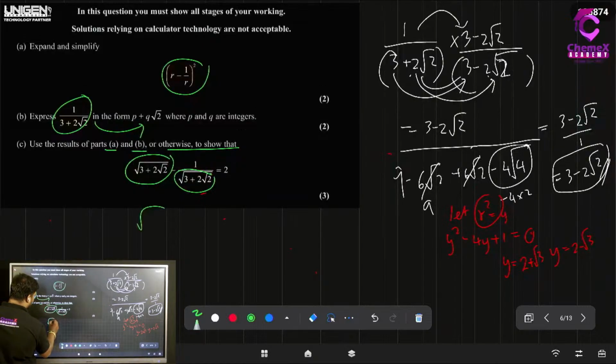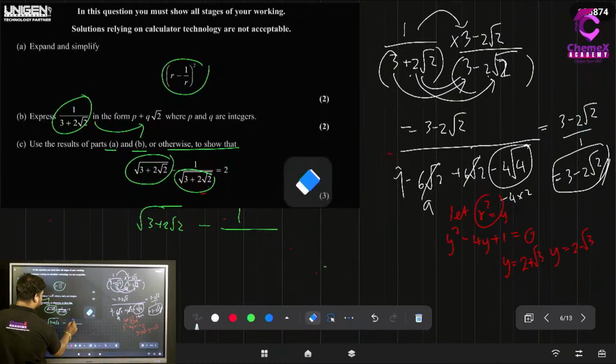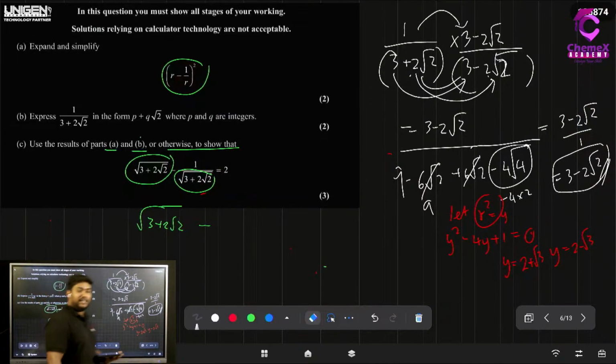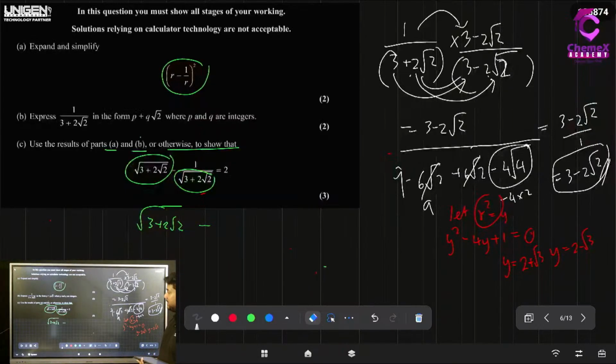So root 3 plus 2 root 2 minus 1 over, instead of writing that I can write what? I can rationalize and write it. So if I rationalize and write it, what's the term I'm going to get?